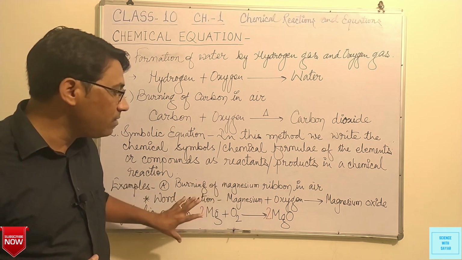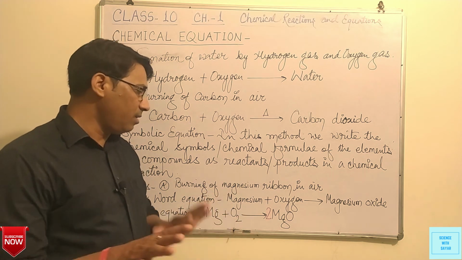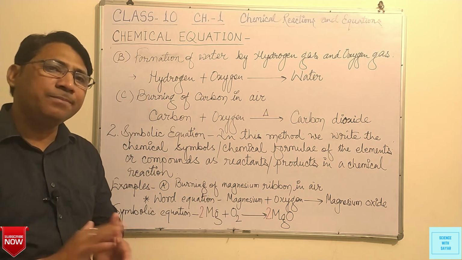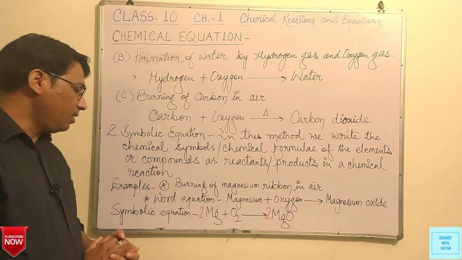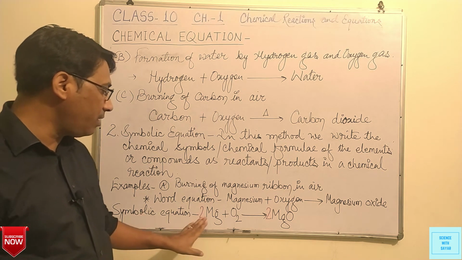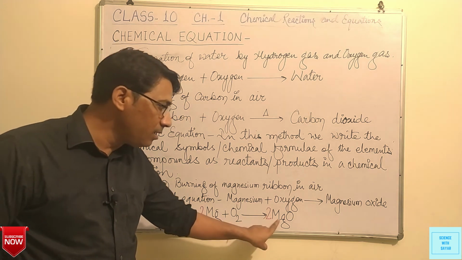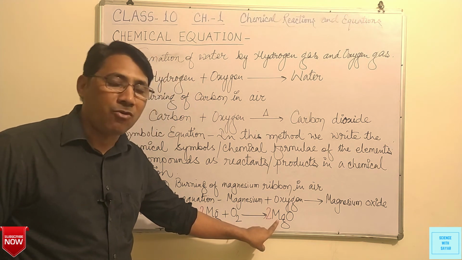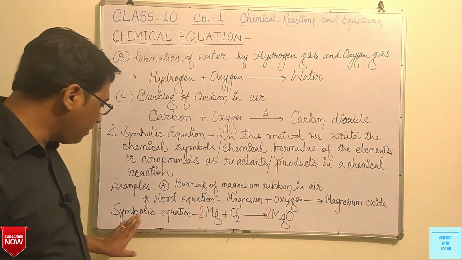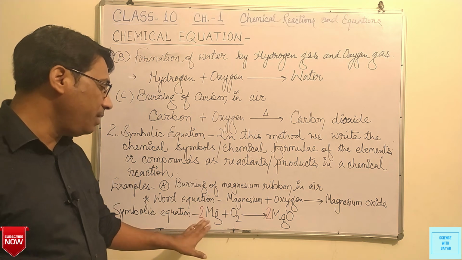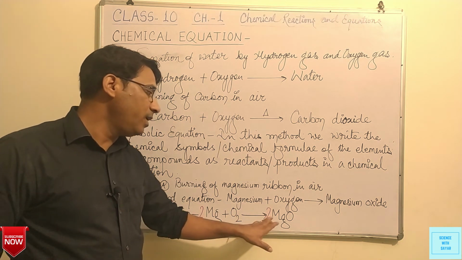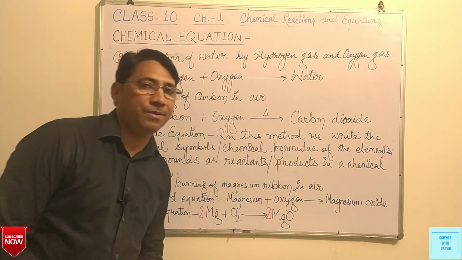Now this is a balanced chemical equation, and here we are studying only the symbolic equation, where we write the symbol of the element and the chemical formula of the compound. So the symbolic equation of this reaction will be Mg plus O2 and MgO as the product formed.